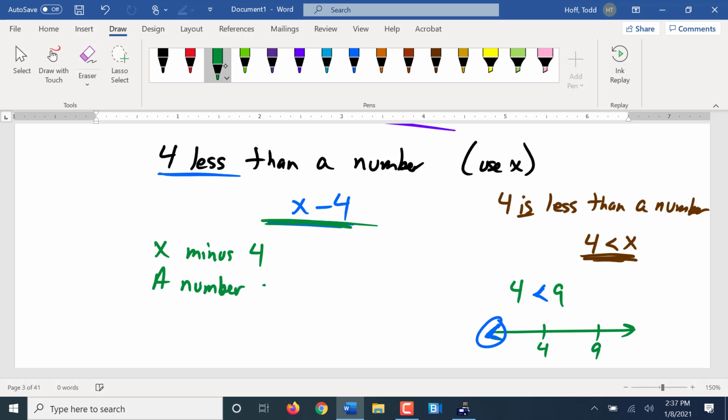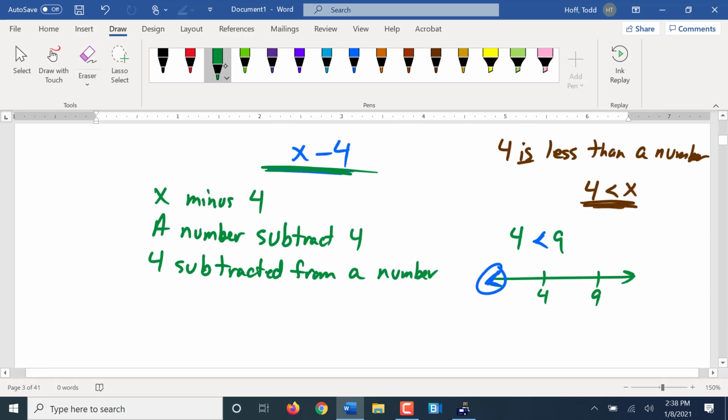We might say a number, subtract 4, or a number, take away 4. 4 subtracted from a number. Anybody think of any other phrases? Gotta get those little hamsters turning. Don't worry, at this point in the week, mine's just sitting behind the wheel trying to swat it with its paw.